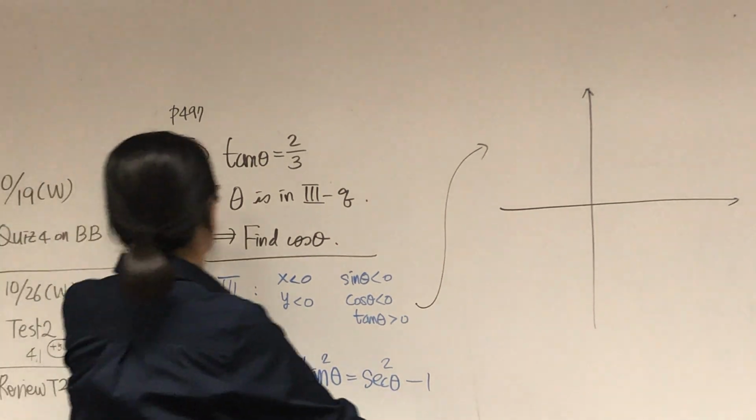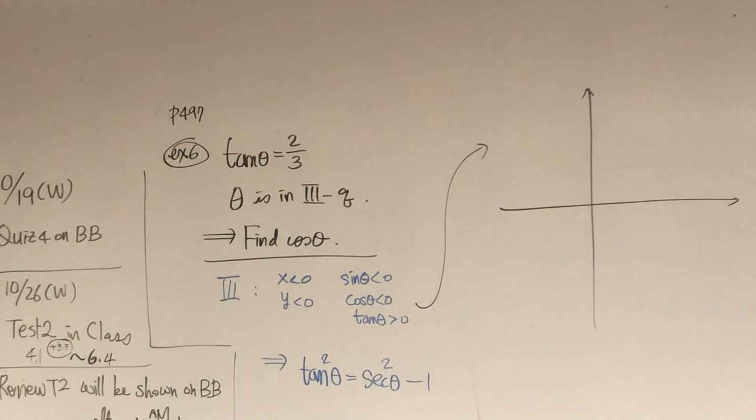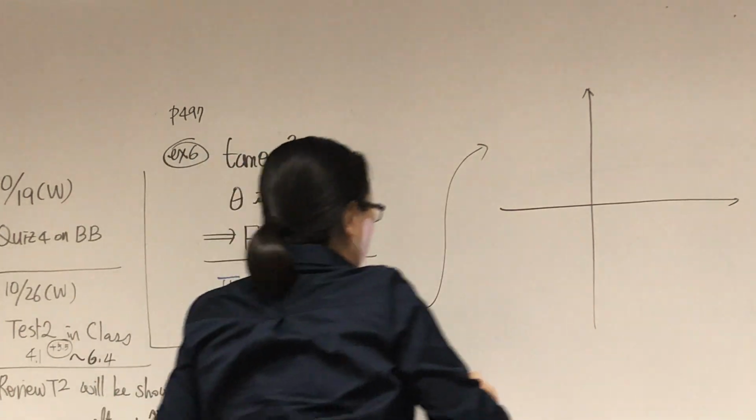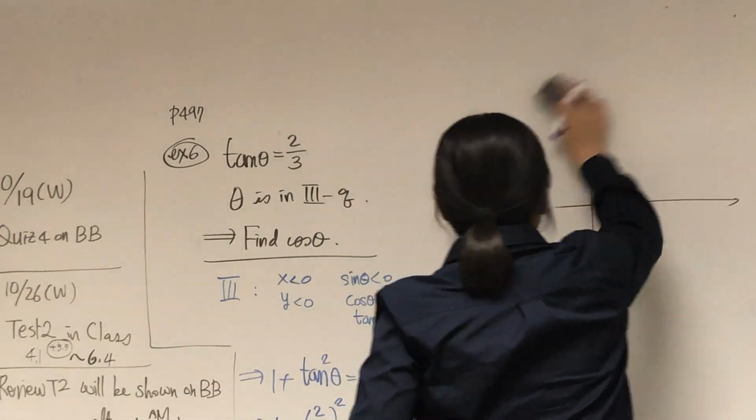So substitute 2/3 squared. 1 plus 2/3 squared equals secant squared theta, right? So maybe that's okay too.